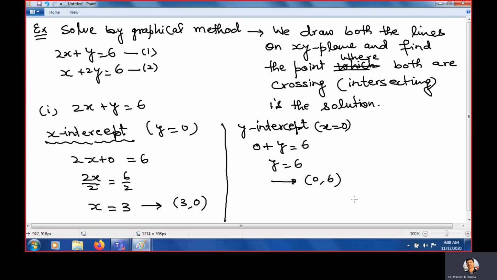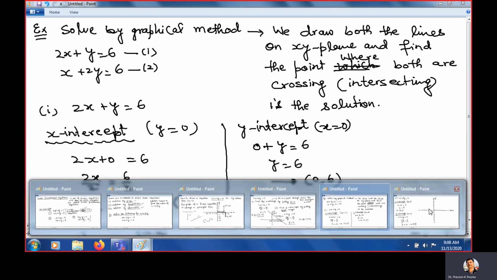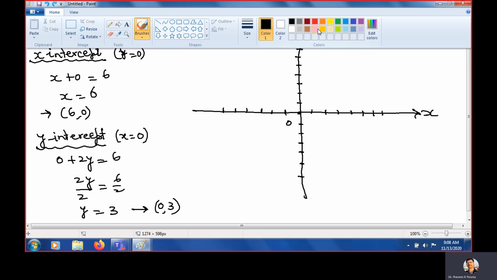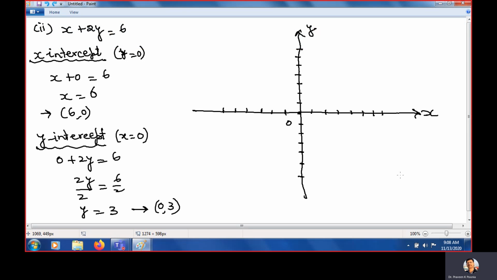For the first equation, the points are (3, 0) and (0, 6). (3, 0) means here. Let us choose the red color so that you can easily understand. (3, 0) means here. And (0, 6) is this one. Clear? Now join the line.